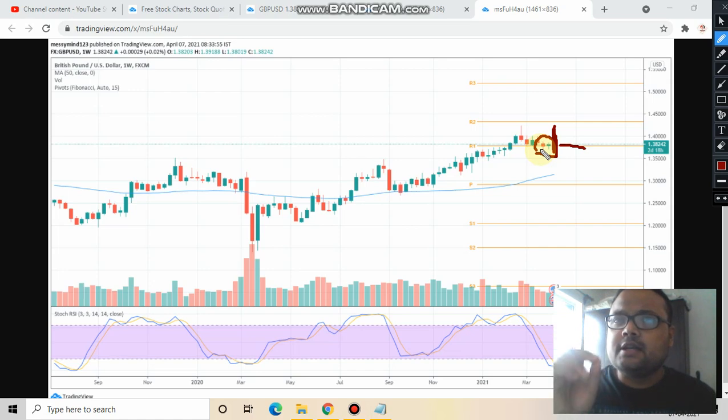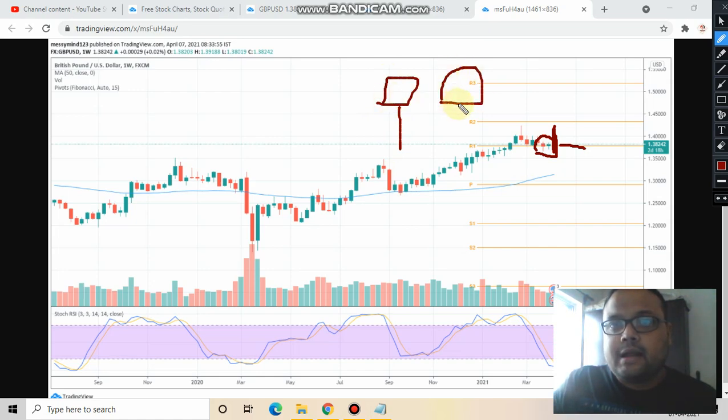Whenever sellers were trying to take the market downward, market was taking support and it went up. Bulls pushed the price upward and market formed a hammer pattern for the last 2 weeks, taking support at this price level.